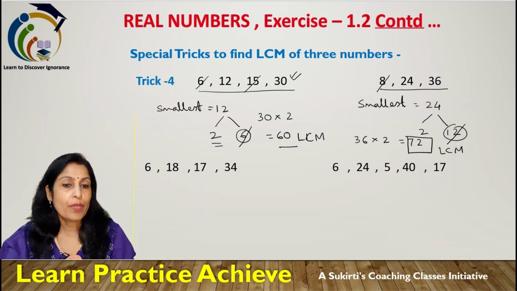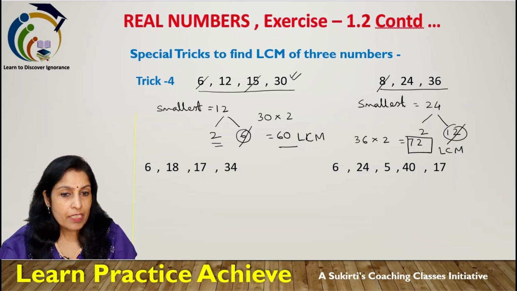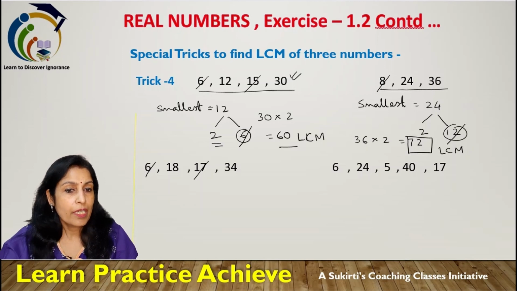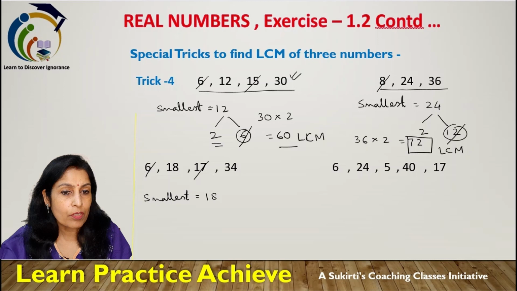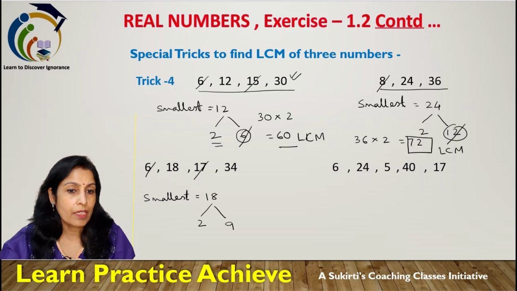In the same way, find out in this: 6 is a factor of 18, 17 is a factor of 34. Okay. The remaining numbers are 18 and 34. So the smallest number here is 18. Now find out the highest factor of 18. The factors of 18 are 2 and 9. So 9 will not divide 34, but it will divide 18.